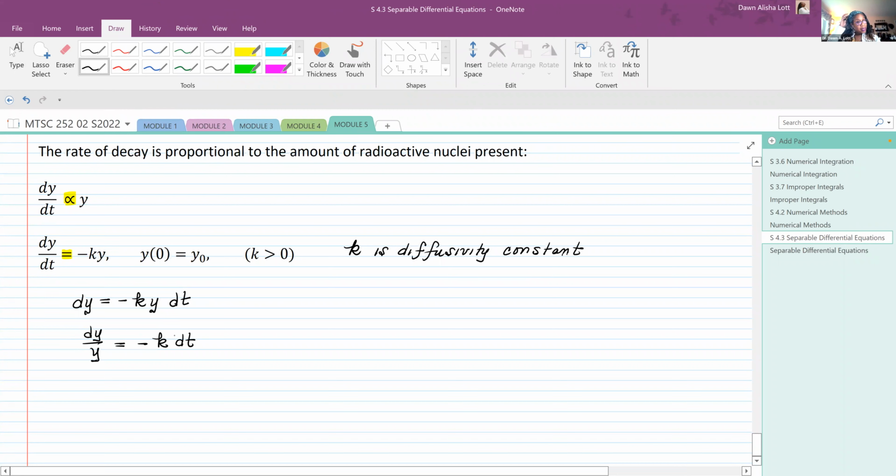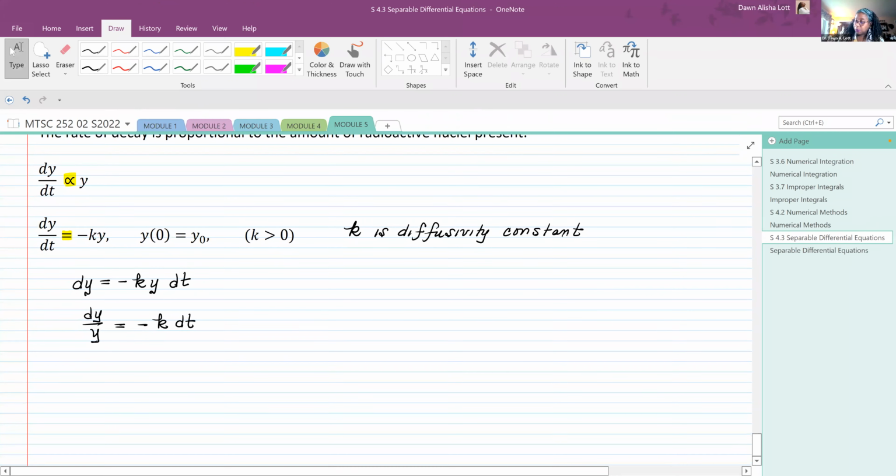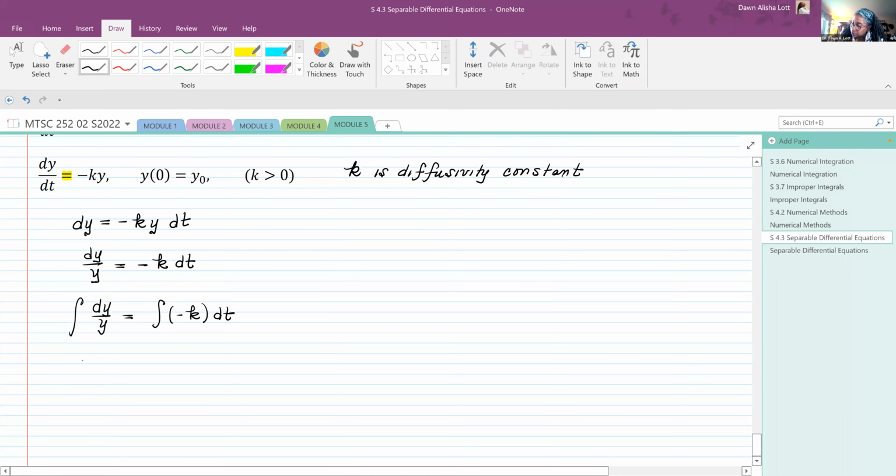This is just right for a separation of variables solution. We integrate dy over y, and integrate negative k dt. So dy over y gives us the log of y. We don't need the absolute value because this is an amount of material, so y is always positive. That equals negative k times t plus a constant.